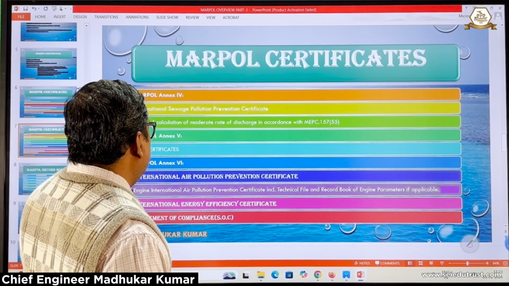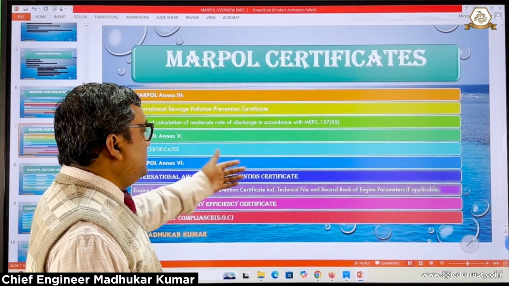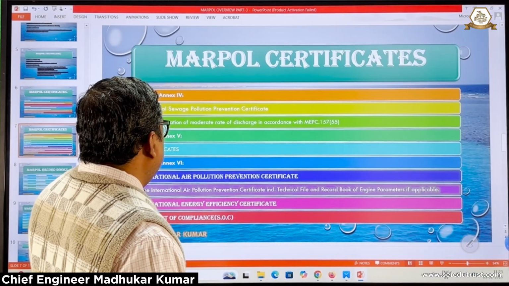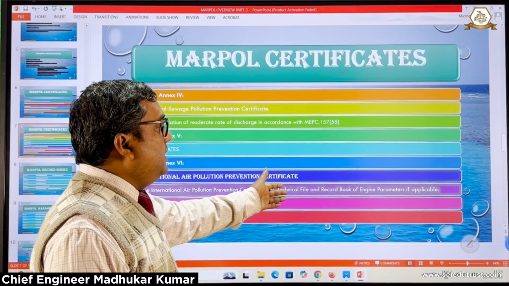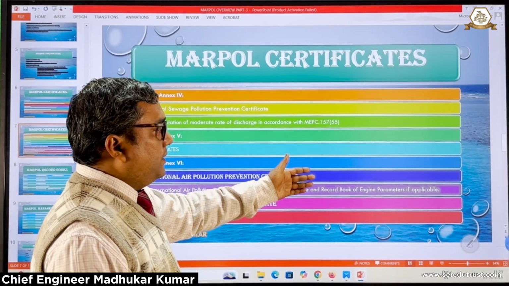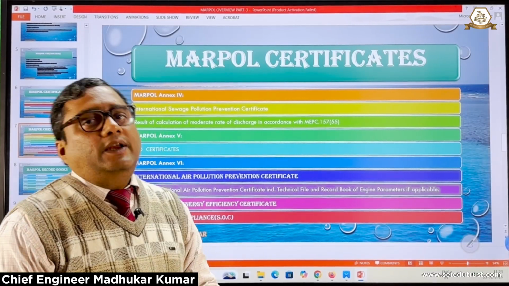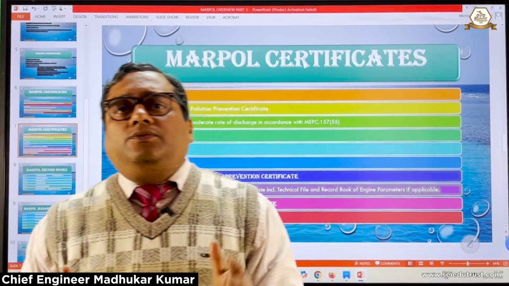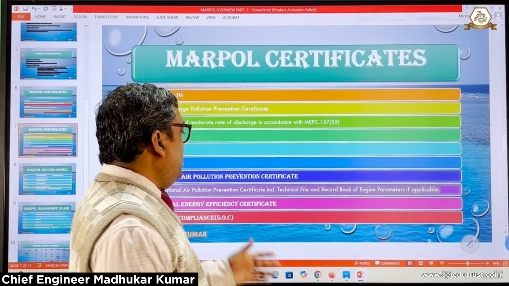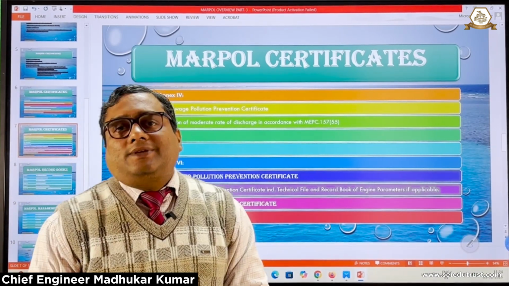Annex 6, you have the IAPP certificate, then Engine International Air Pollution Prevention Certificates, technical file, record book of engine parameters if applicable. This is basically for the NOx technical file. I am planning to make one video also on the detailed requirements of the NOx technical file.